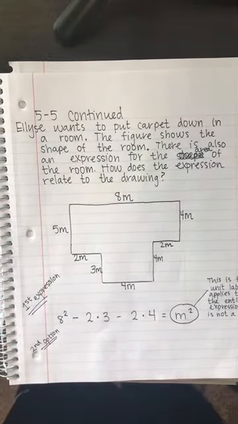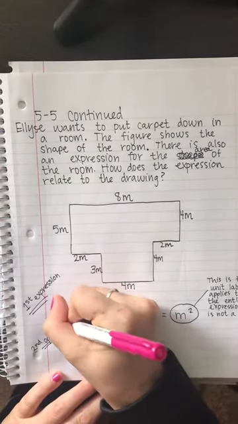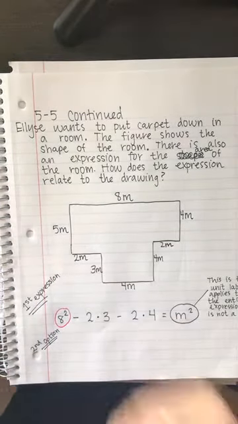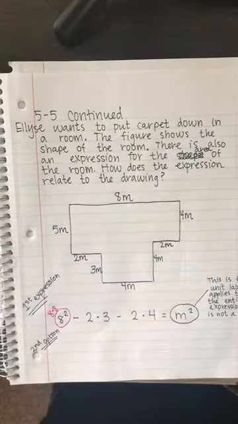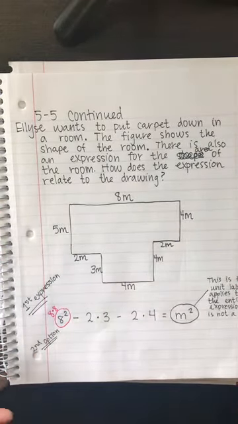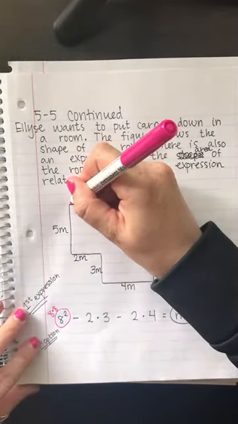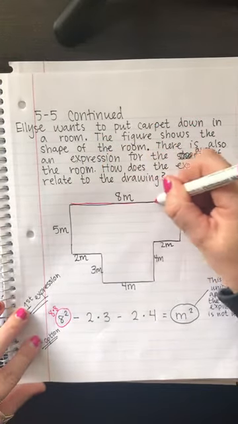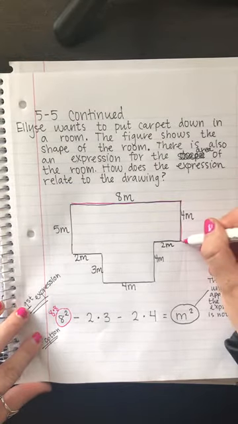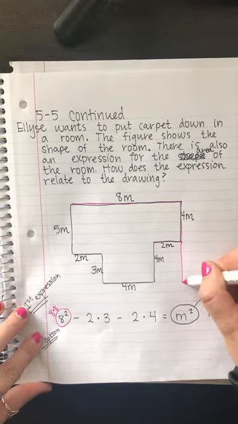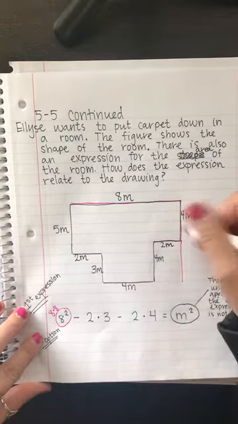So the first thing that I have is 8 squared. And we know that 8 squared is 8 times itself. 8 times 8. So that's representing this side length here. And then like I said to you guys, we have 4. And this length is 4 as well, because of right here.